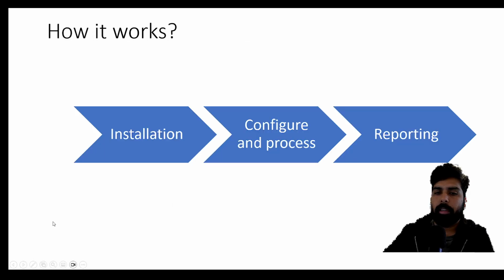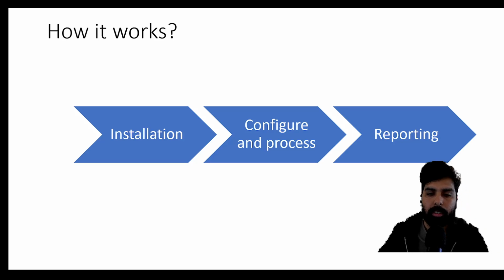If you move further, if you talk about how it works, I have categorized this into three major components. First, you have to install this add-in, which is an additional add-in. Then we need to do some specific configuration for our legal entity, like which currency and how these things will work.